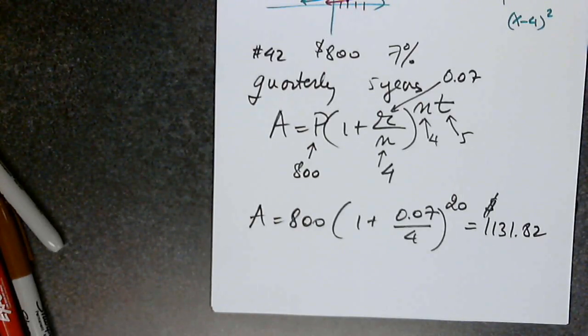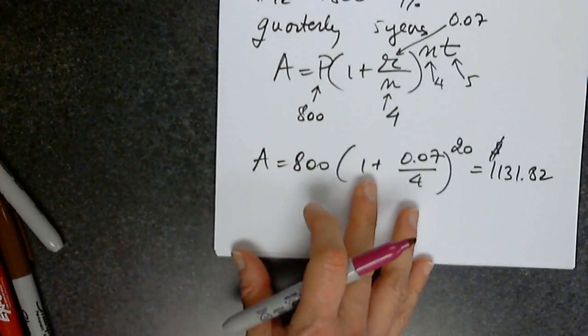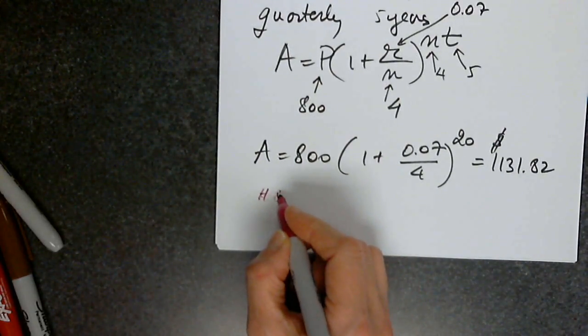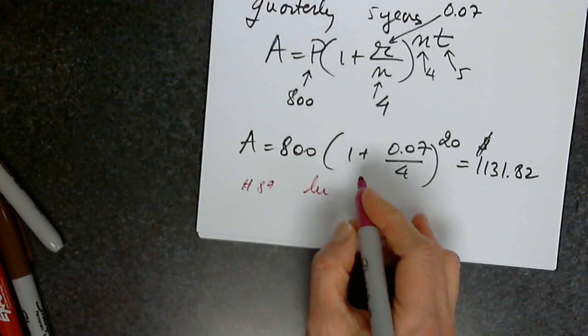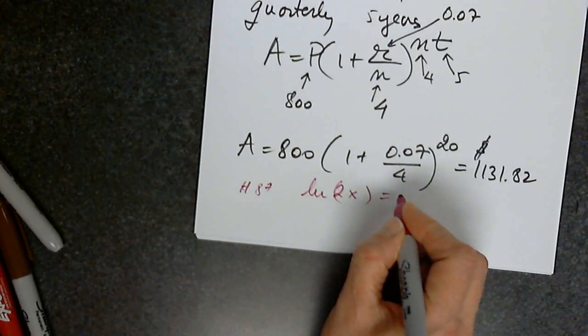Okay, so now we have to solve a few log equations. So let's say page 774. Natural log, so I'm looking at problem 87. Natural log of 2x is 2.